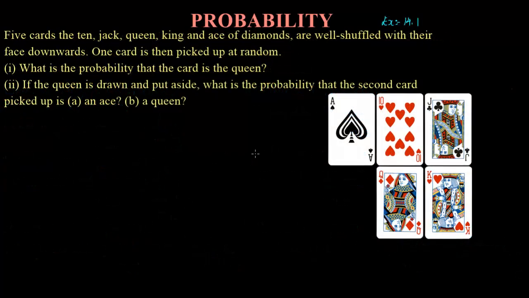So this is the next question that I have taken from the textbook, exercise 14.1. This is also related to cards, but in this question they have not told you there are 52 cards.